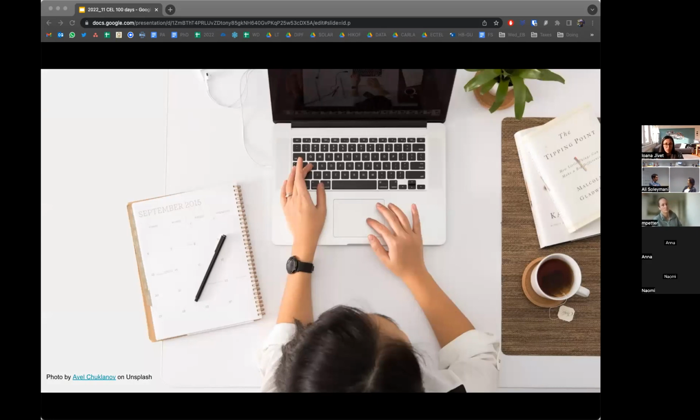We already know from previous studies that if learners are to succeed when learning online, they need to take more responsibility for their learning and in a way become masters of their own learning. In other words, they need to develop a set of skills that help them to self-regulate, self-manage their learning.